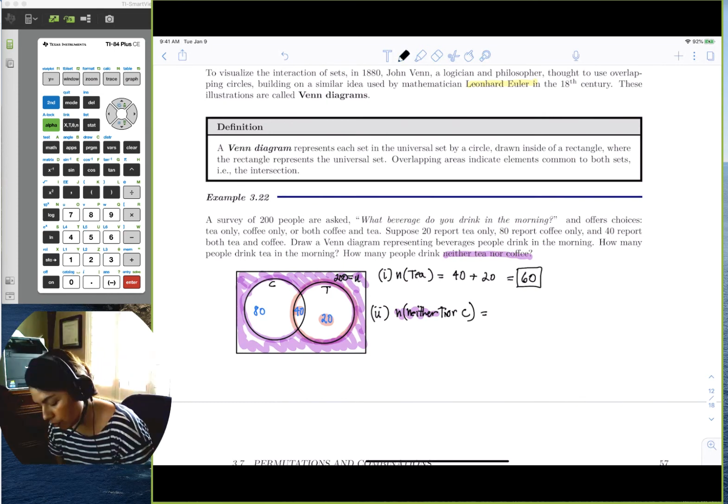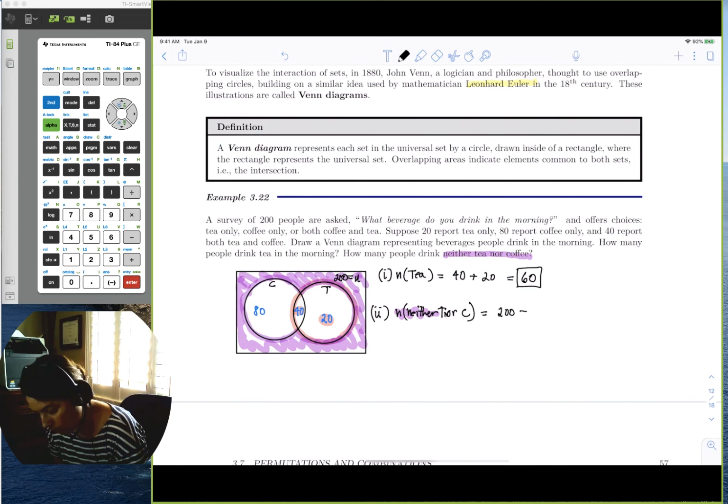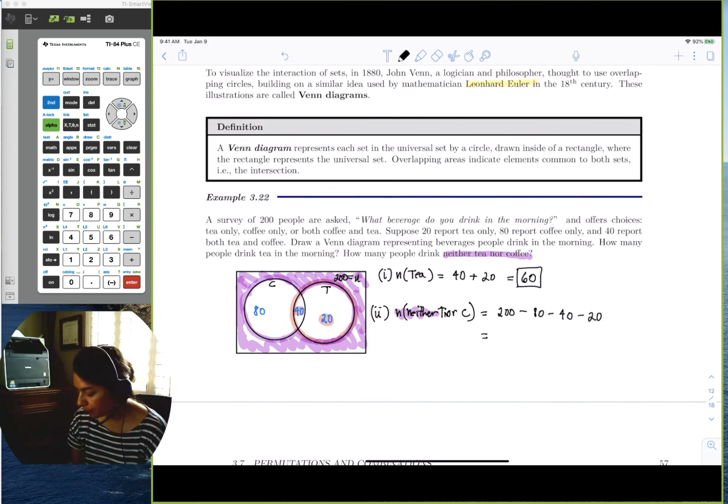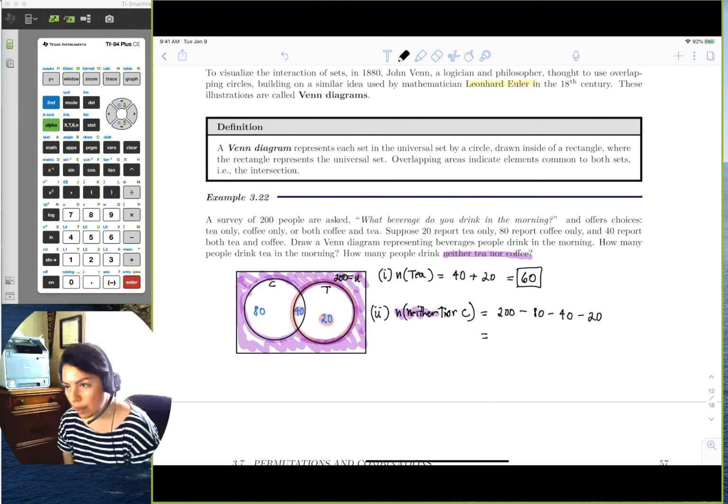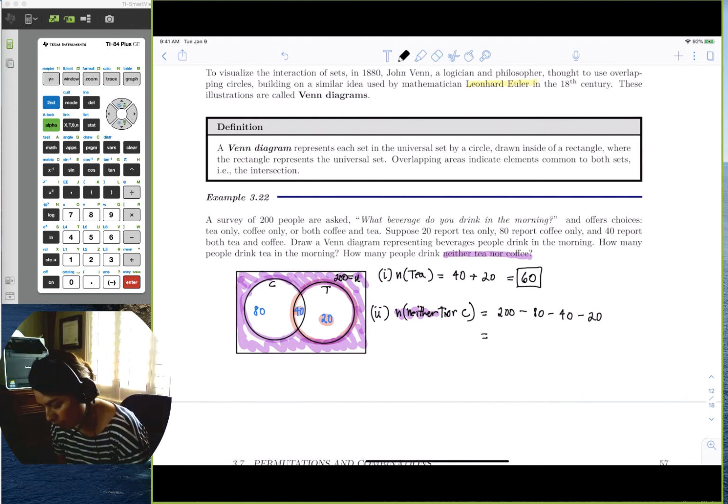So we'll do 200 minus the number of people who drink coffee, minus the people who drink both, minus the people who drink tea only. So that would be 200 minus 80, minus 40, and then minus another 20, which would be 60.